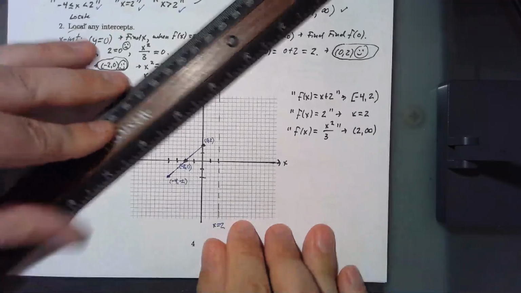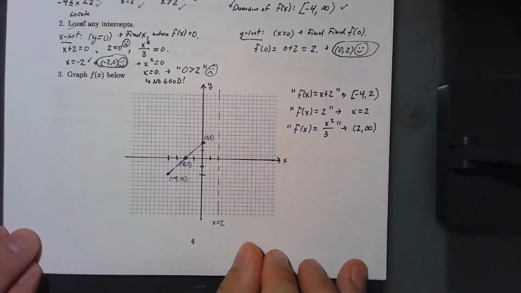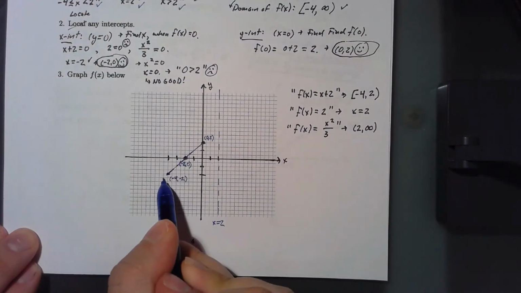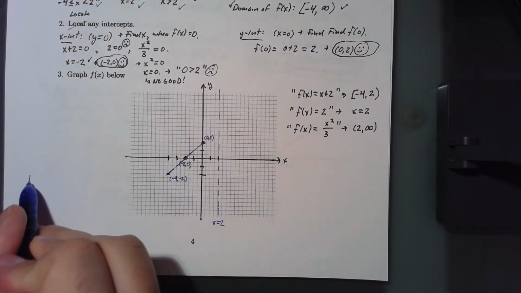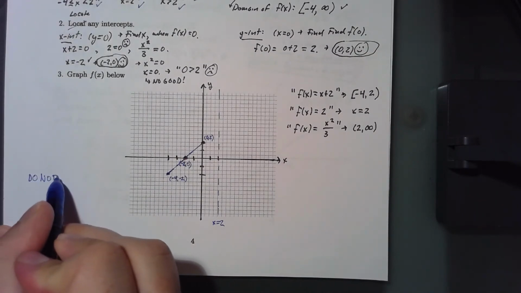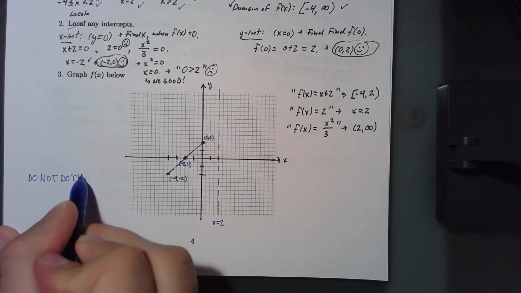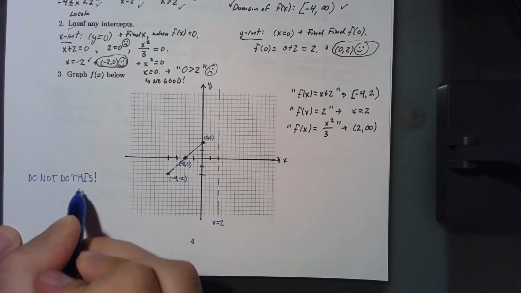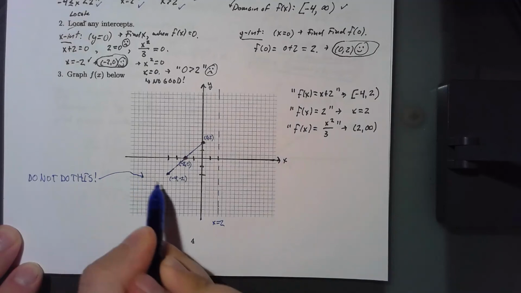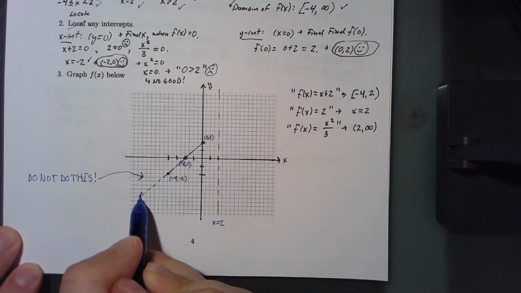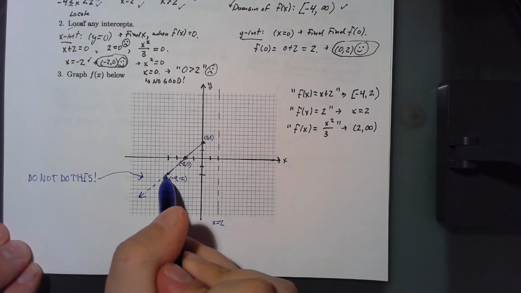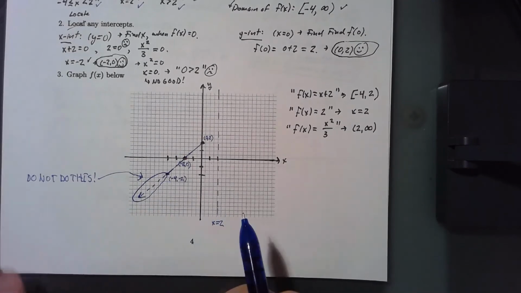Now I do not extend this out with dashed lines like this. Why don't I do that?